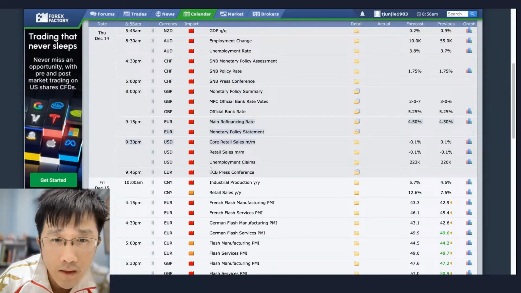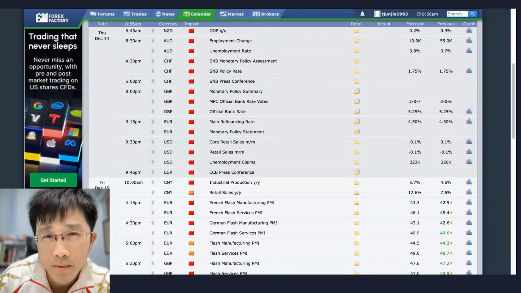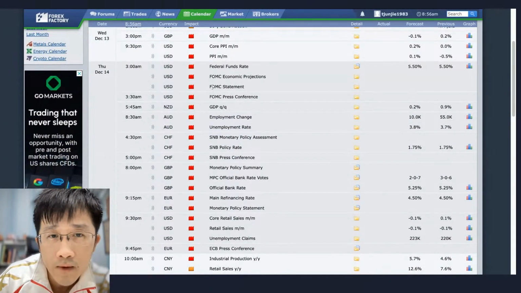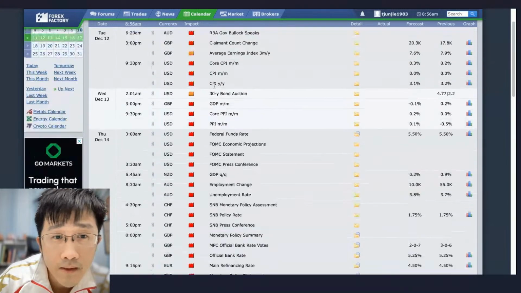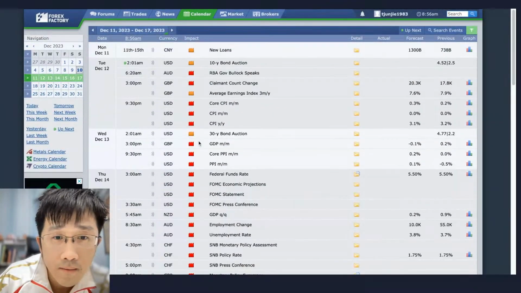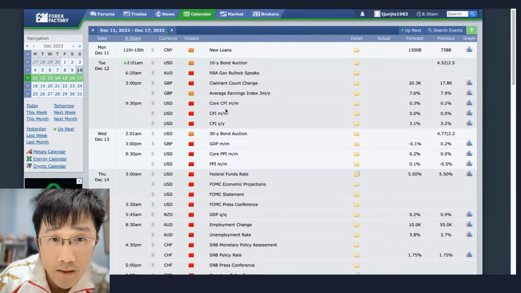Basically, about 60% or 70% of the major currencies have their interest rate decision on Thursday itself. I would say it will be very volatile that day.